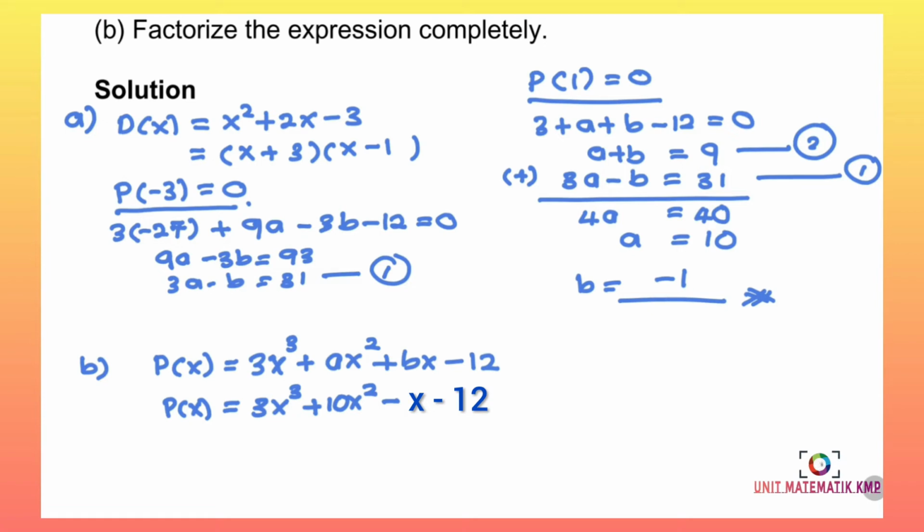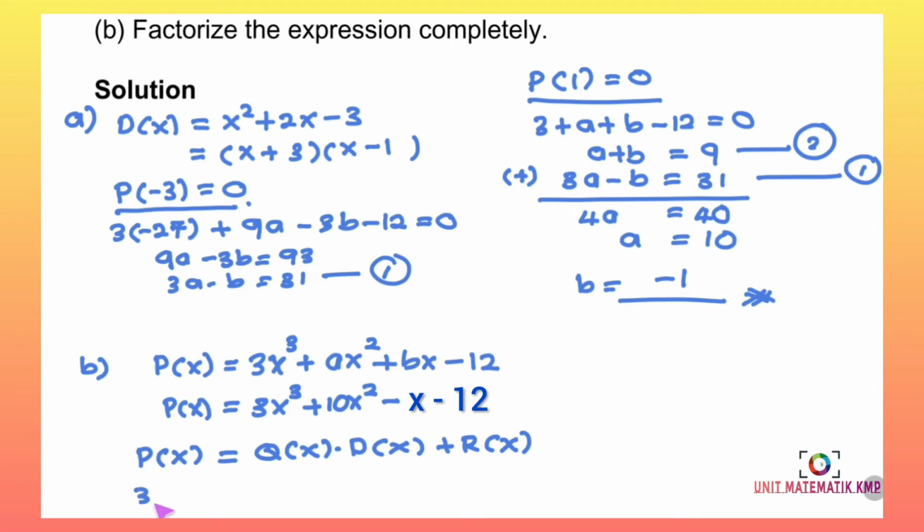To factorize the expression completely, we need to rewrite it into the general form of a polynomial, which is p(x) is equal to q(x) times d(x) plus r(x). So substitute what is p(x).